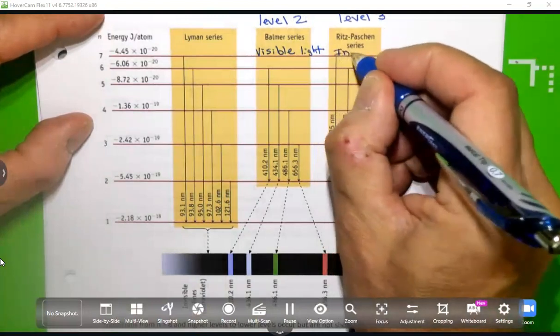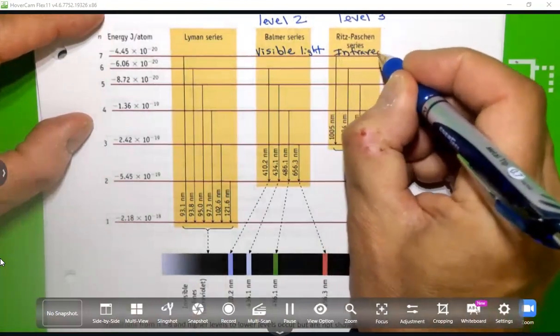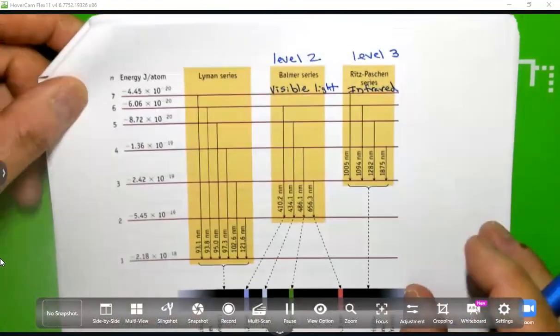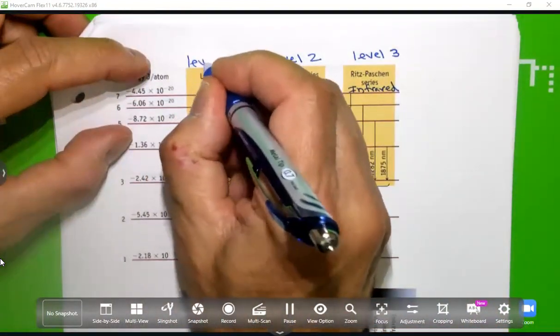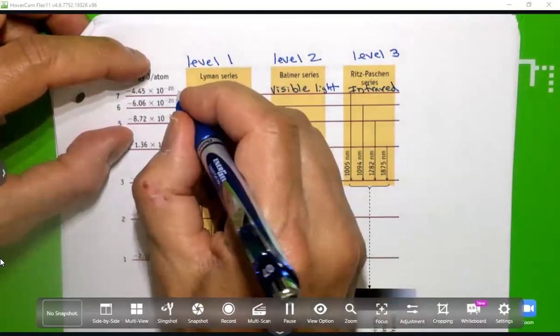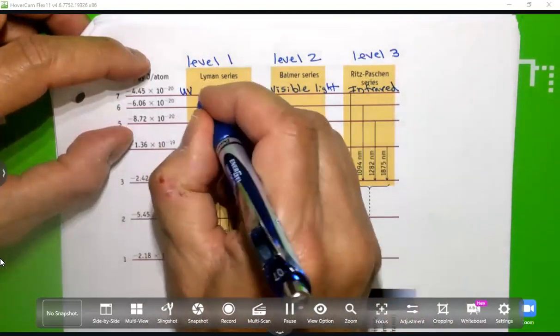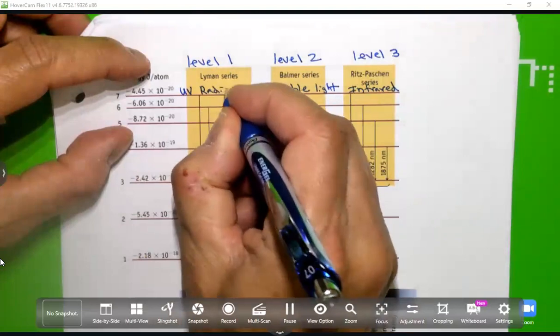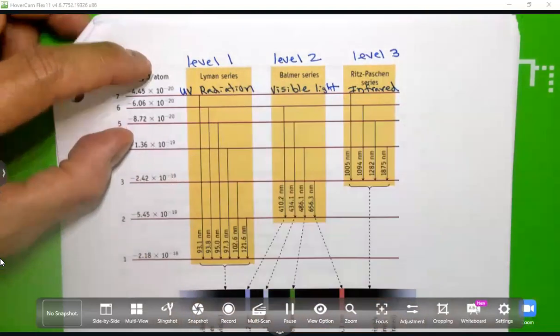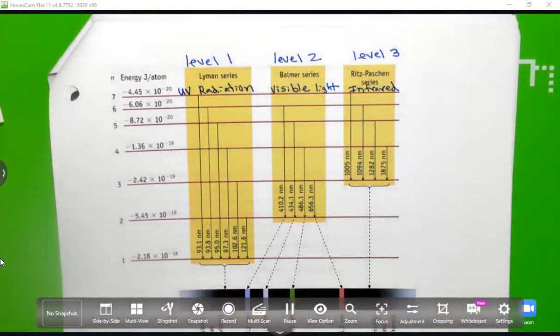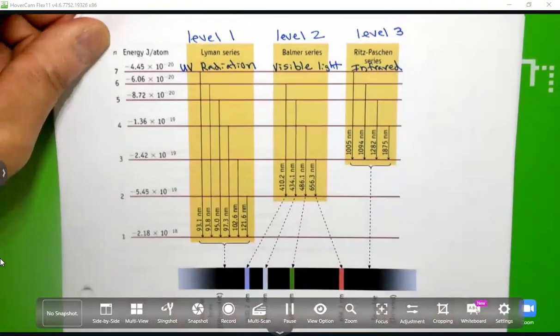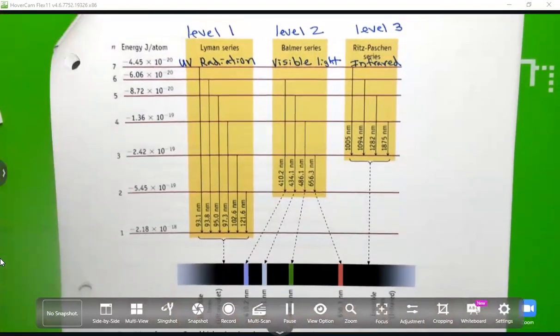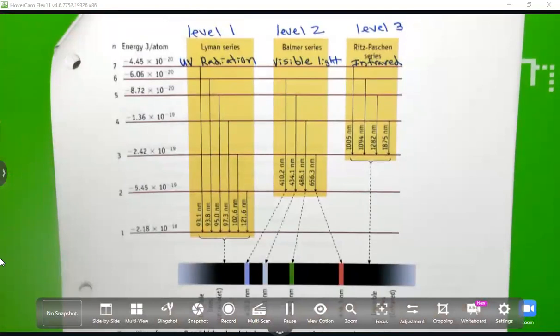This is infrared. And if it drops back down to level 1, this is UV radiation. Again, we see visible light when the electron drops back down to energy level 2. That's when we see visible light.